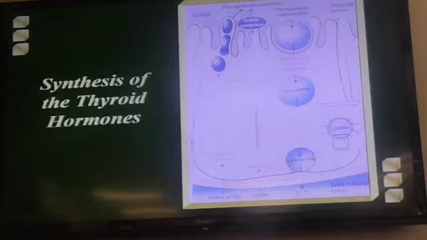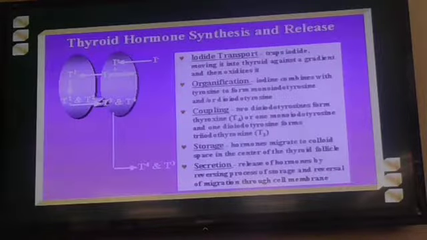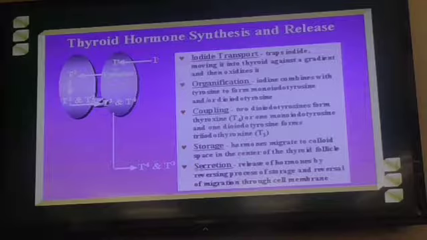So let's look at the synthesis of thyroid hormone. This diagram basically summarizes all of it, but we're going to go through this. Thyroid hormone synthesis and release begins with iodine transport. Because remember, this is the only hormone that has a halogen in it, and that's iodine. Now, where does it get the iodine from? Diet.